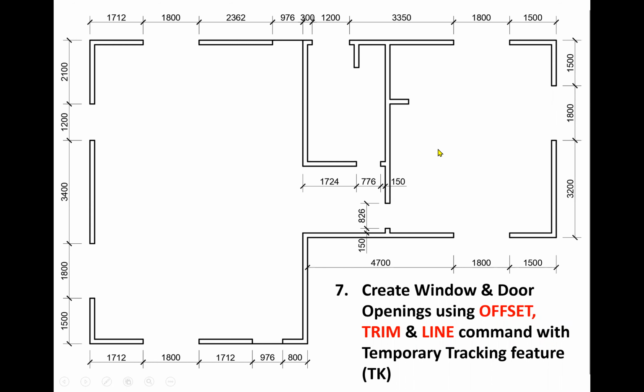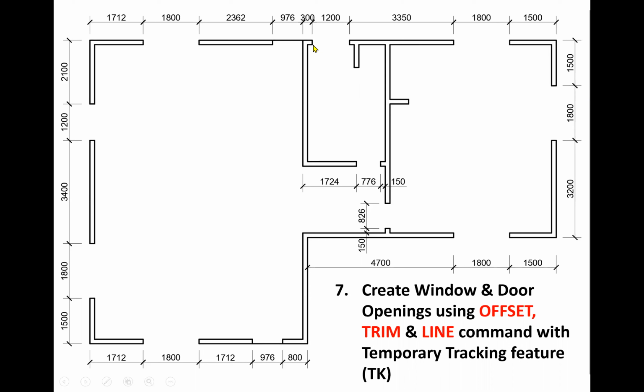So how far is the bathroom window from the bedroom window? That was a question. 3350. All right, 3350. So all I need to do is to offset the line that went down like that, 3350, and get this one, and then offset the bathroom window.